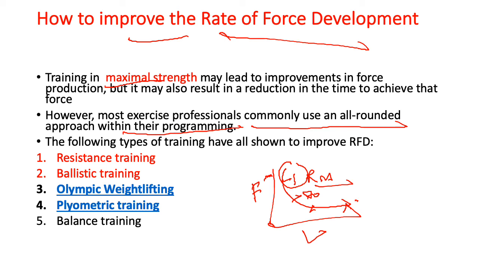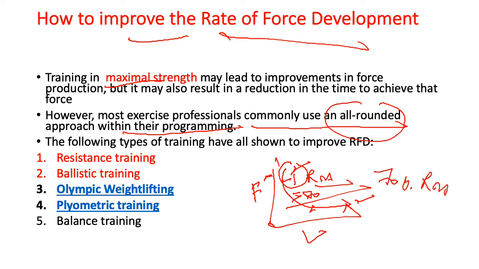As I have told you, according to the game, coaches decide their areas, whether they want to work in the maximum strength area, speed strength area, or max velocity area. It is their choice, but usually the common approach is all-rounded, so that we can develop at both ends. Most of them will try to work in this second area, where we take 70% of RM resistance.